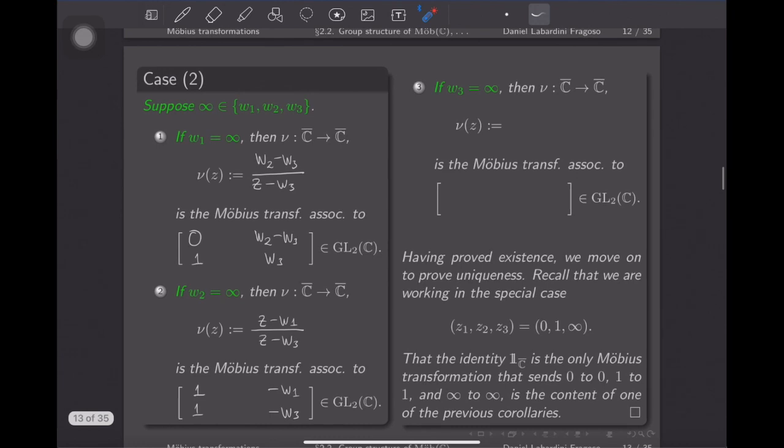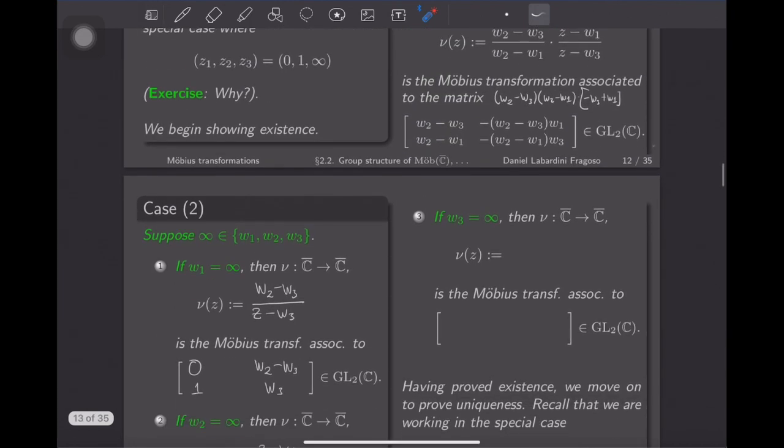Okay, and finally, if W3 is infinity, so infinity has to go to infinity, which means that gamma has to be 0. Then here Z minus W1.